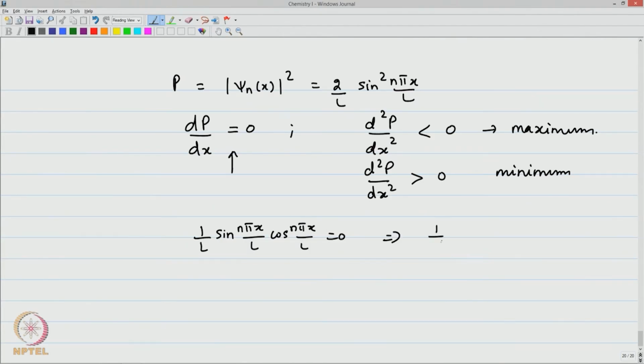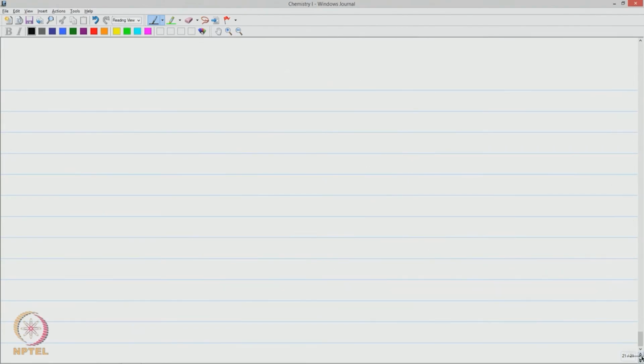This is 1 by 2L sine 2 n pi x by L. So, you can see immediately that for n equal to 1, the maximum is at x equal to L by 2, and for n equal to 2, the maximum happens at L by 4 and 3 L by 4, because for n equal to 2, the probability density goes like this.